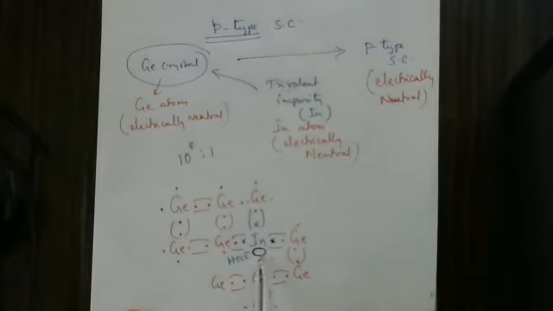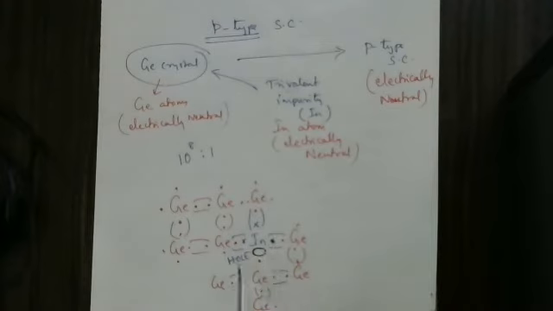The deficiency of the electron will be filled by the neighboring germanium atoms. It will be moving and hence it has been filled. Once it is filled here, now indium, which is containing 4 valence electrons, converts in the form of an indium ion.